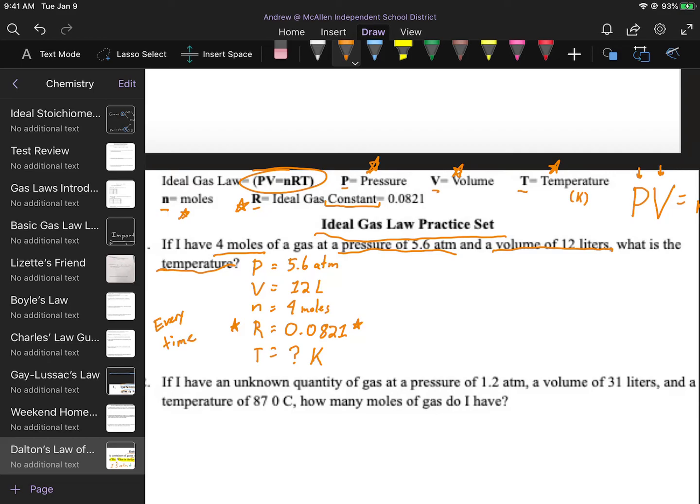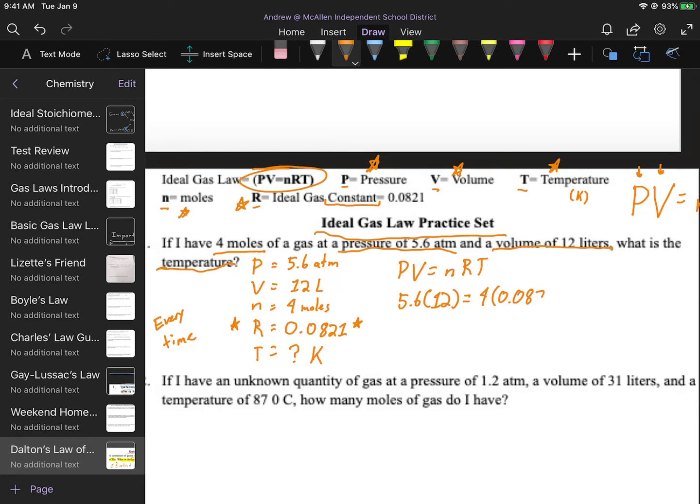Okay, now let's rewrite our formula and fill in what we know. PV equals nRT. Pressure was 5.6 times volume, which is 12, equals moles, which is 4, times ideal gas constant, 0.0821, times temperature, which was unknown.